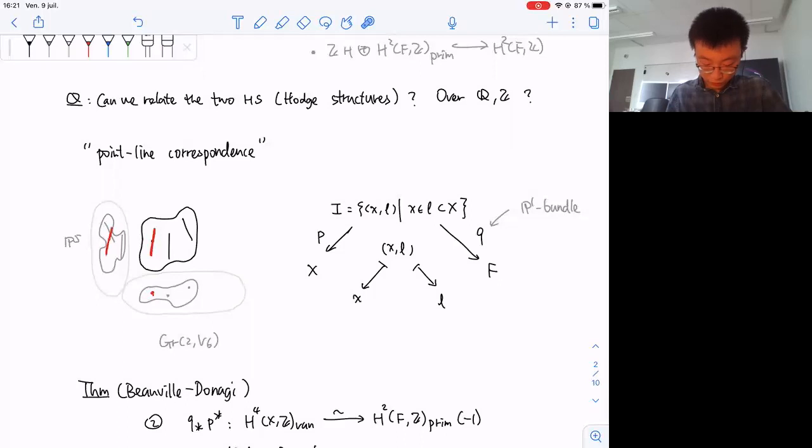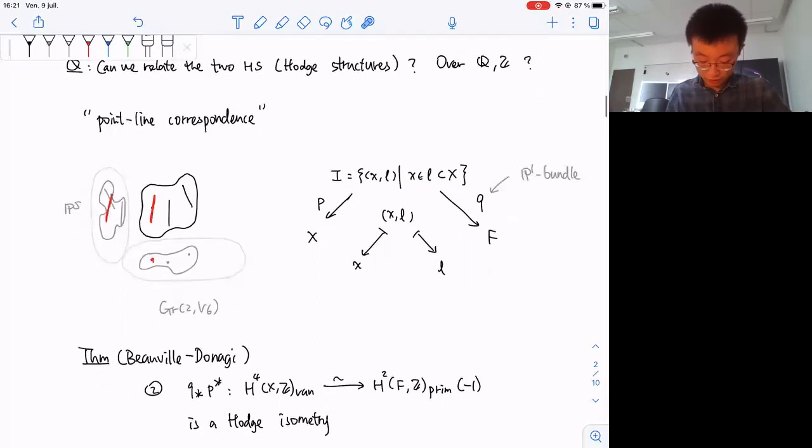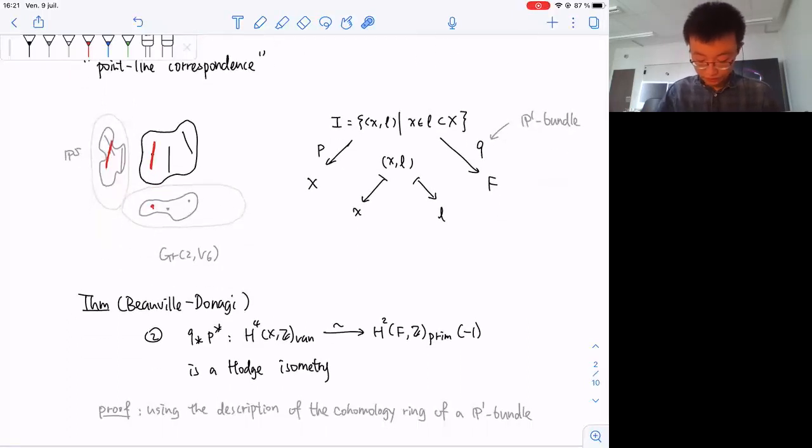It says that if we start from H^4 of the cubic, and we pull it back to the incidence variety I, then we push forward to F, this goes from H^4 of the cubic to the H^2 of the Fano variety, and this gives a Hodge isometry when we look at the vanishing part and the primitive part, because otherwise the lattices don't have the same discriminant. And here the negative one means that there's a change of sign, but the lattices are mostly the same. And for the proof of this, they use the description of the things. This map here is the P^1 bundle.